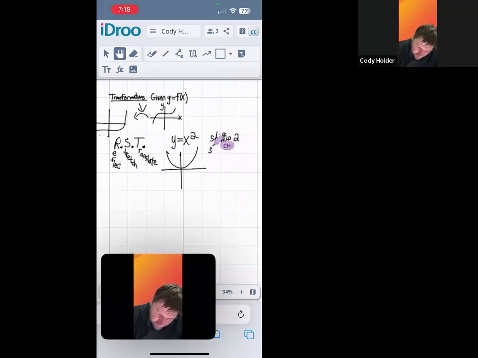I want to shift left by 3 units. And I want to stretch in the y direction. I'm just making these numbers up. 5 units. What would the new graph look like? And what is the new formula for the graph?